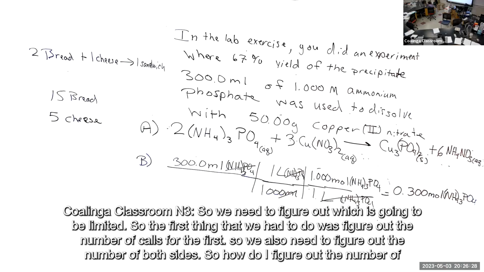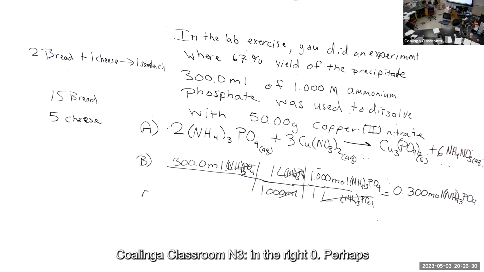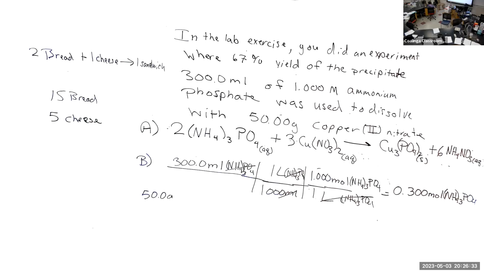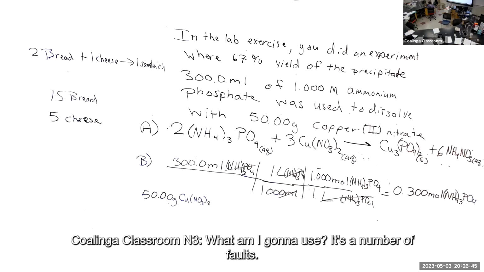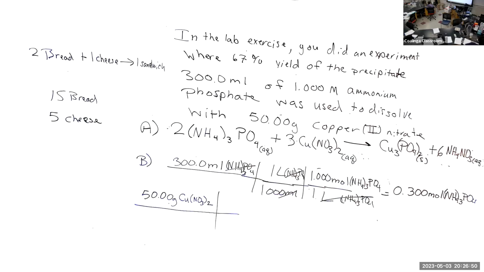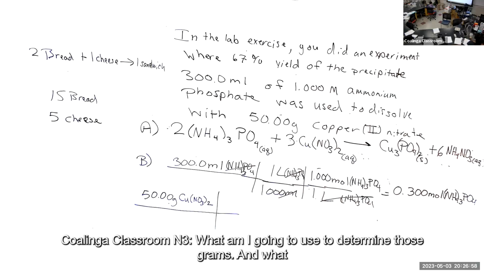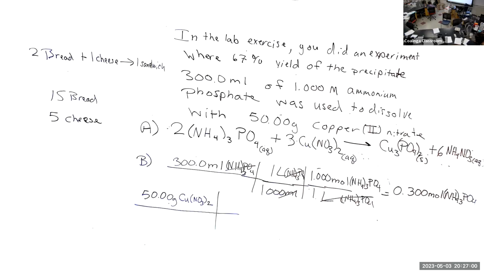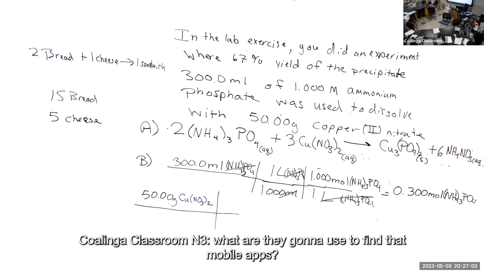So how do I figure out the number of moles for my 50.0 grams of copper 2 nitrate? What am I going to use to get the number of moles? What am I going to use to find my molar mass?